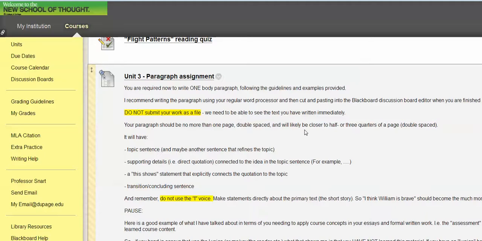If you can back it up with quotation from the text, then you could almost say anything. You think the character is courageous, is not courageous, is anxious, is whatever. There's almost nothing wrong to say unless you make a statement that you really can't support with details from the text.